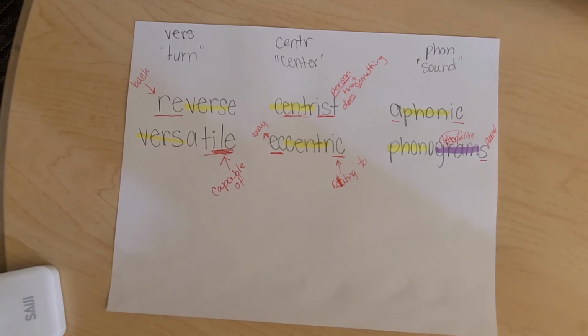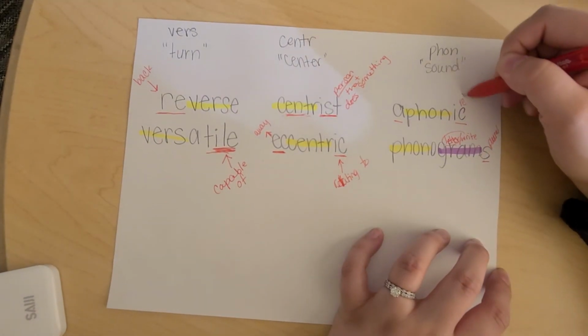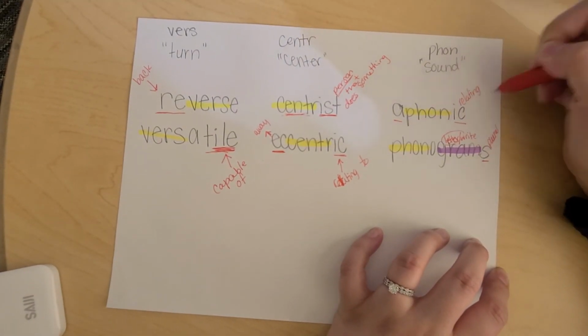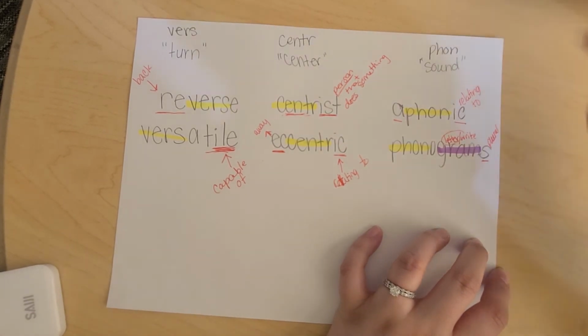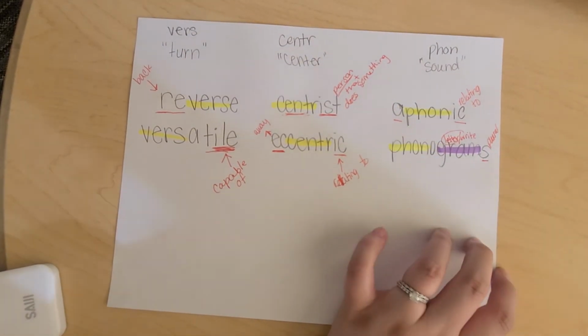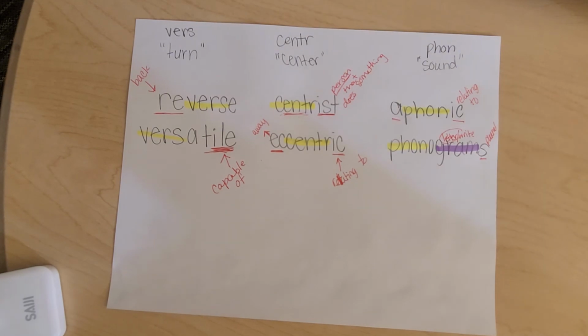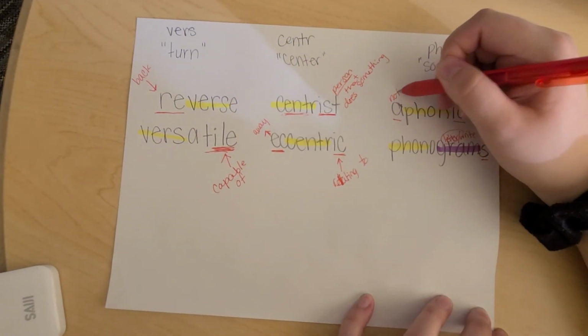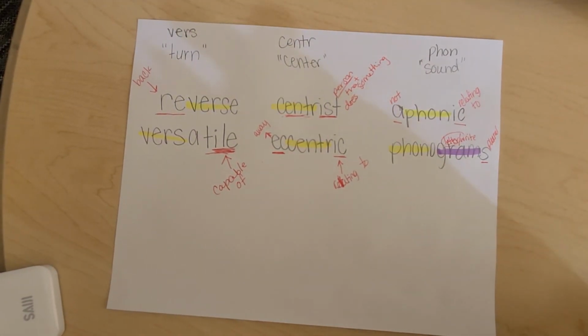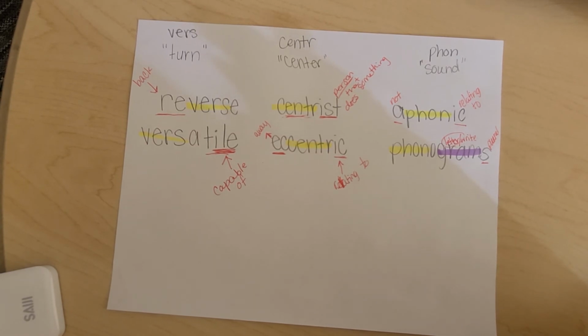All right. This is relating to, and I knew this from over here. And then the prefix a, which means not. Not relating to sound. Related to not having a voice or making sound is the actual definition.